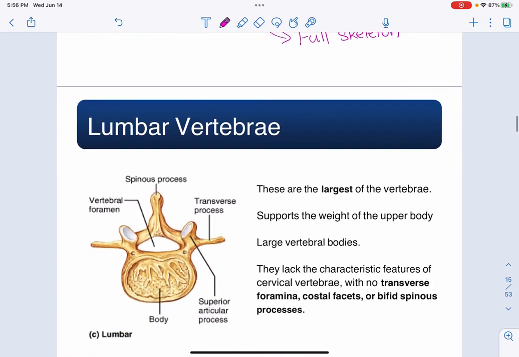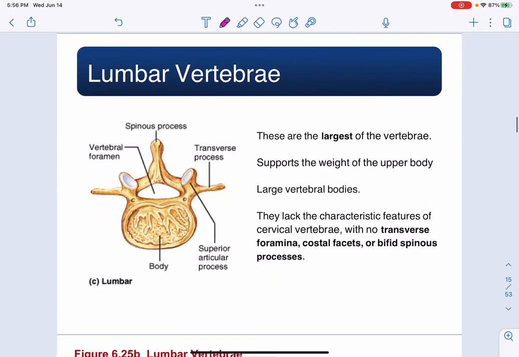All right, let's take a look at the lumbar vertebrae. So these vertebrae are the biggest vertebrae. They are the most robust, they are the thickest, and they are the strongest. And they have a huge body and a very small vertebral foramen.